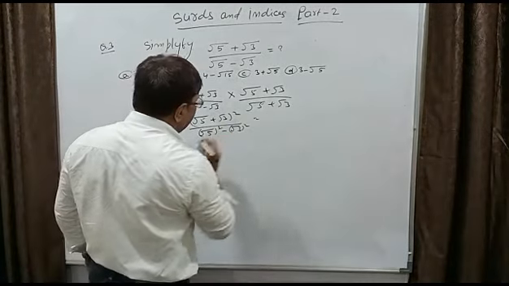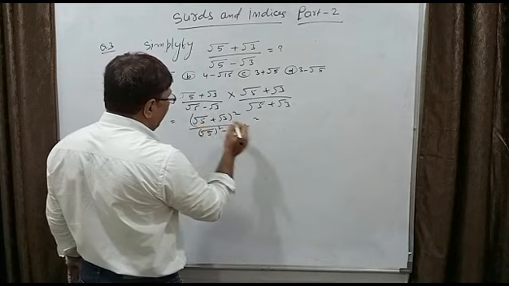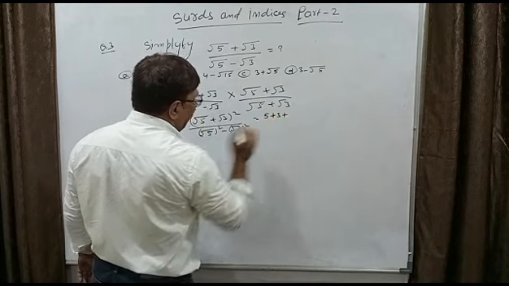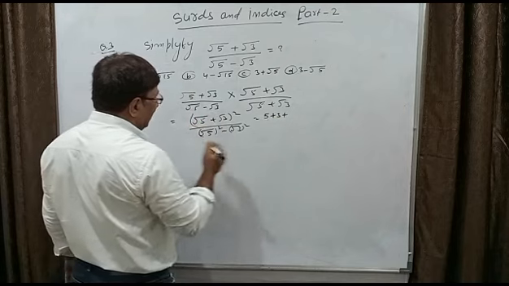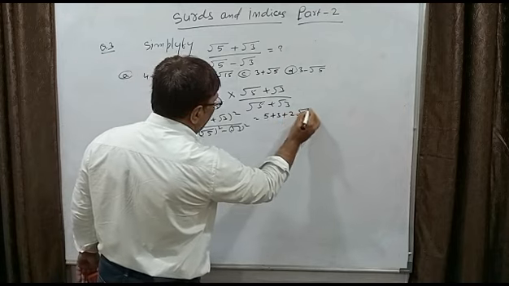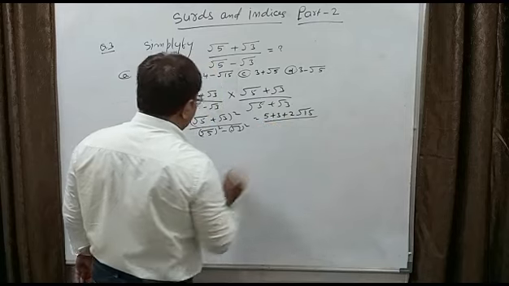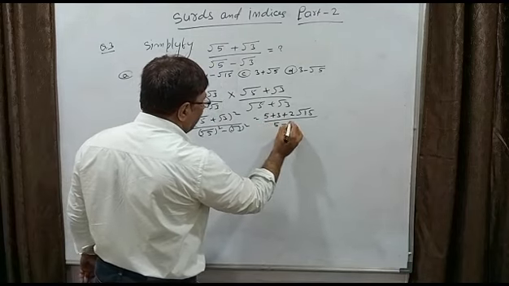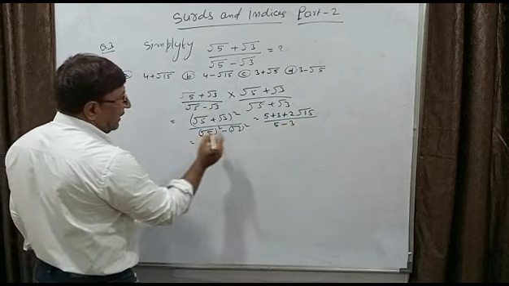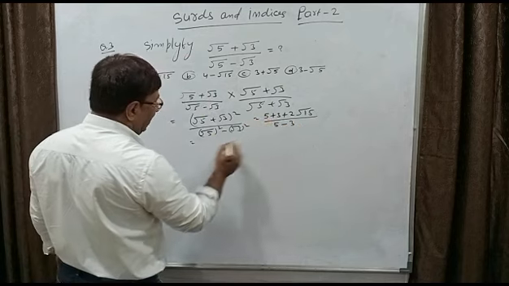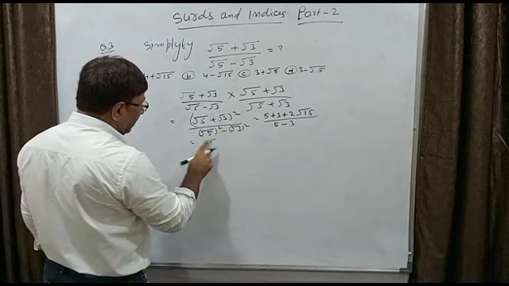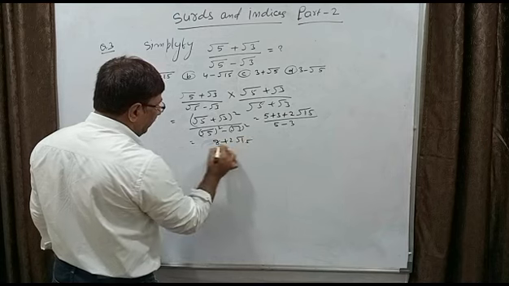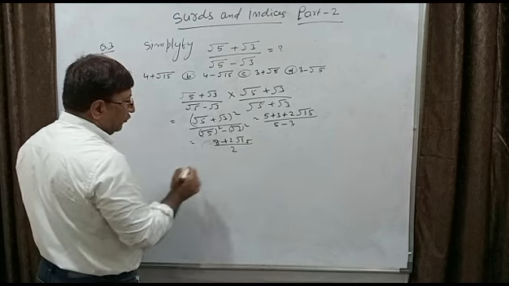Now we expand a plus b whole squared. Root 5 squared is 5, plus root 3 squared is 3, plus 2 into a into b, so 2 root 15. In the denominator, root 5 squared is 5 minus root 3 squared is 3, so 5 minus 3 is 2. So we have 8 plus 2 root 15 divided by 2.